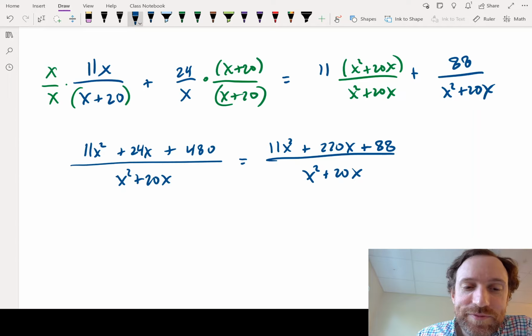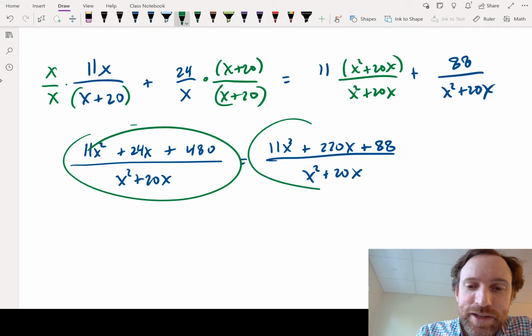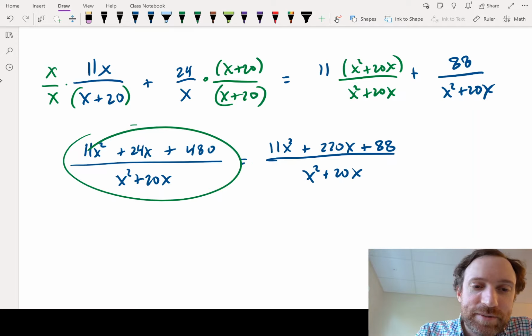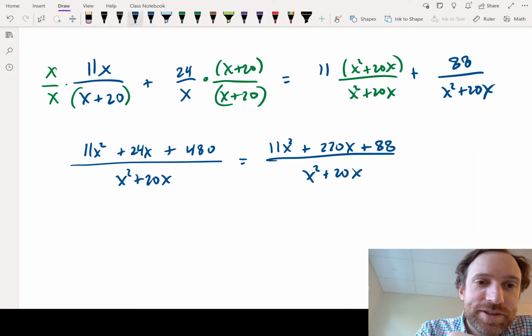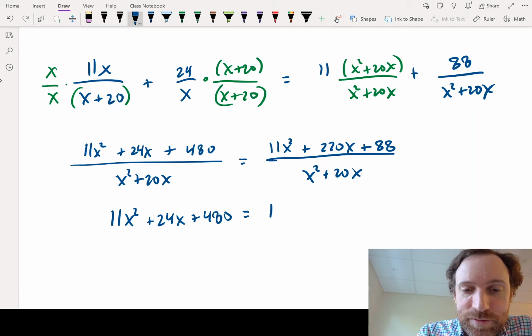And if we have two fractions that are equal and they have the same denominator, then of course their numerators must be equal. So we'll set the numerators equal, and then we'll try and solve for x.